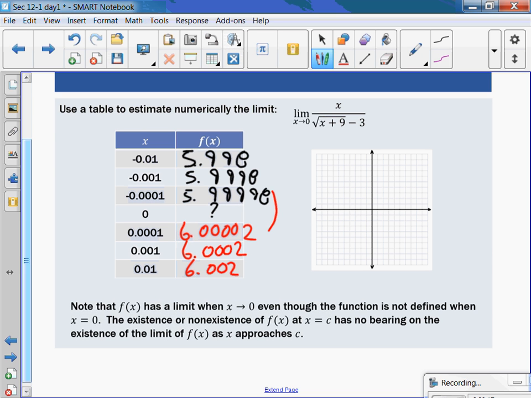What does this look like? Did you guys graph it?